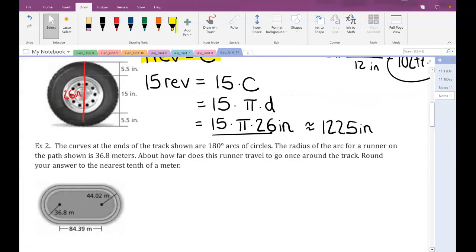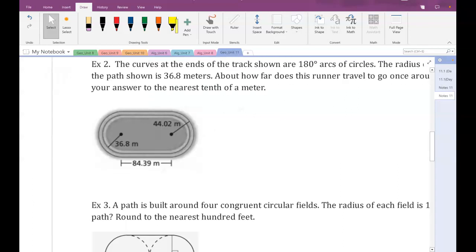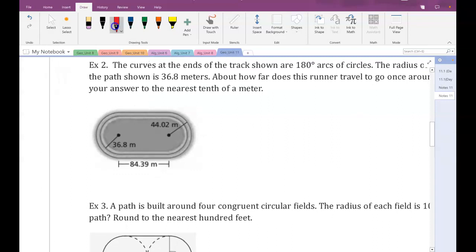Right. Kind of next example, now we're going to get into the realm of measuring perimeters of weird shaped things when we have curves on them as well. So this time we're going to measure the distance around a track. Each end of the track has 180-degree arcs.